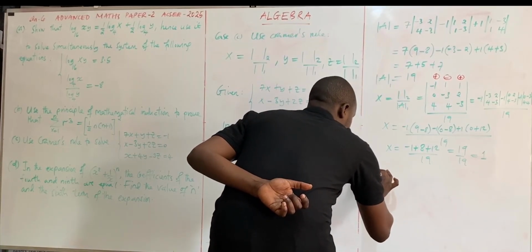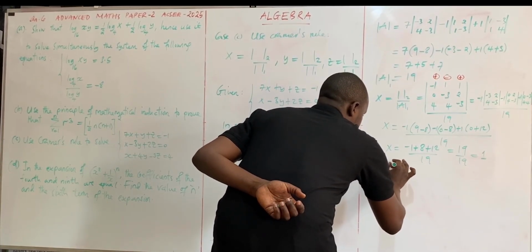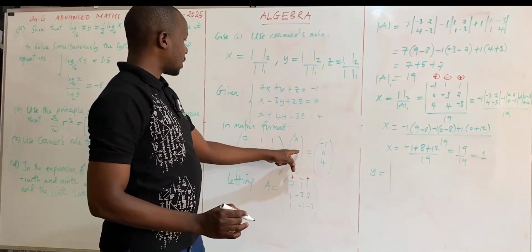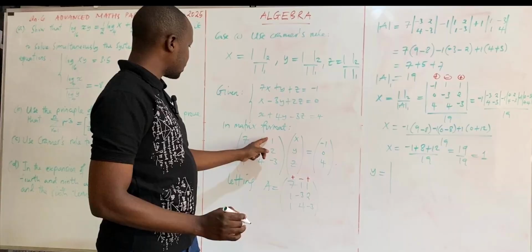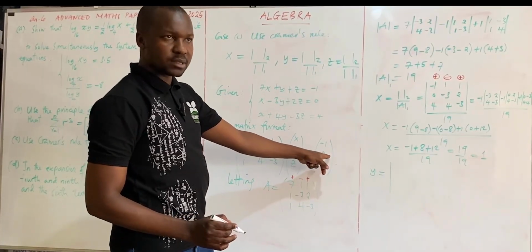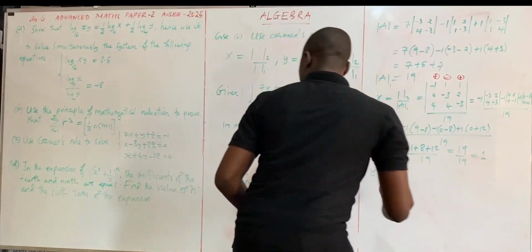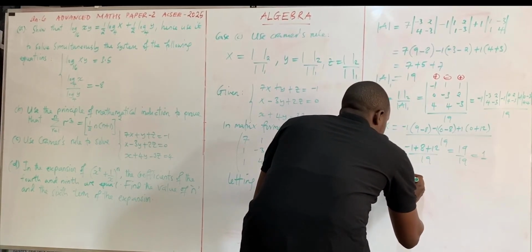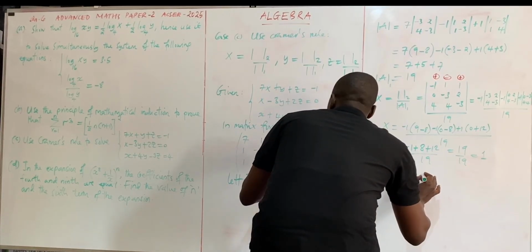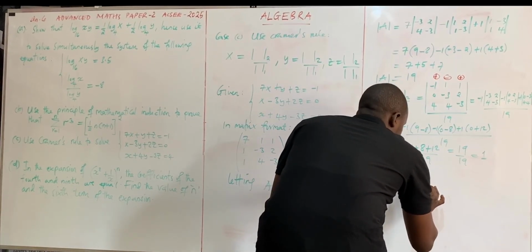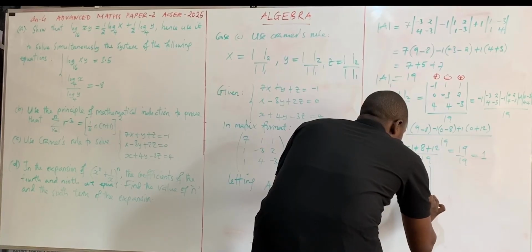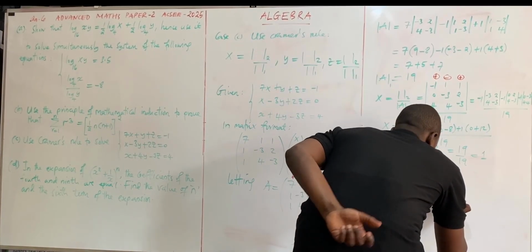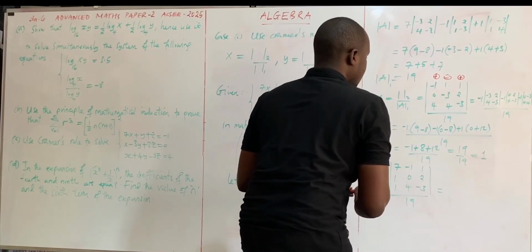Now we come to solve for y. That is the same thing. Determinant 2, replacing the values of y. It means the values in the second column are replaced by these constants. So values of x were 7, 1, 1, and now we have -1, 0, 4. Then we have 1, 2, then -3. We divide by the first determinant, 19. So here becomes the same thing, positive and negative sign rule.